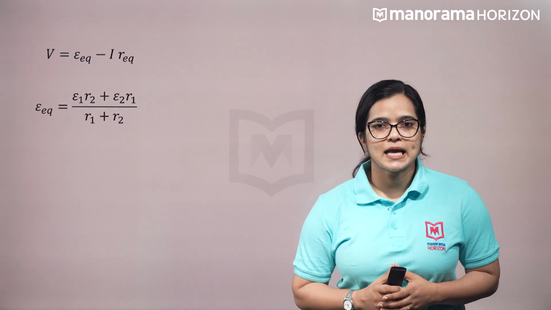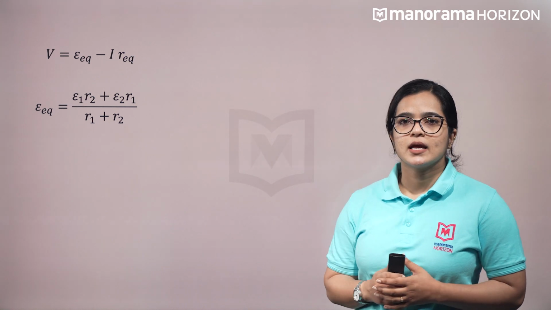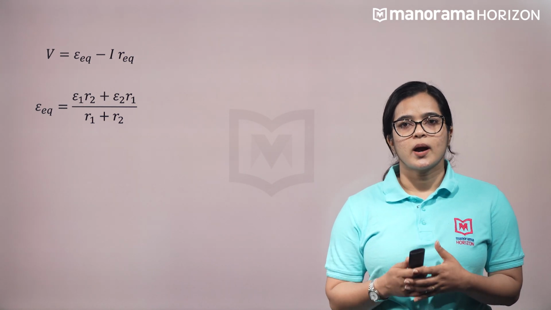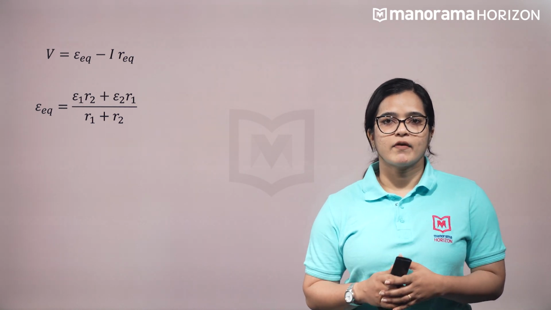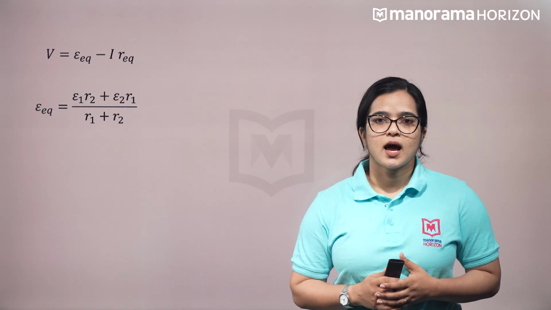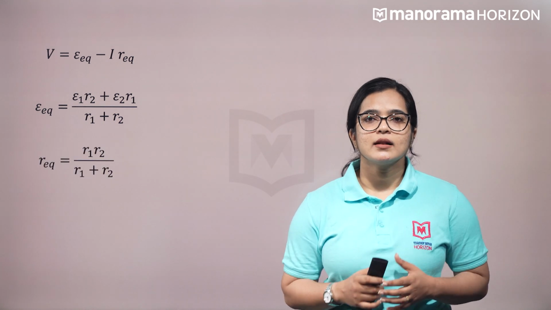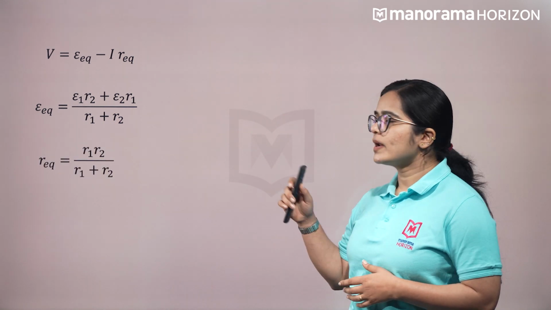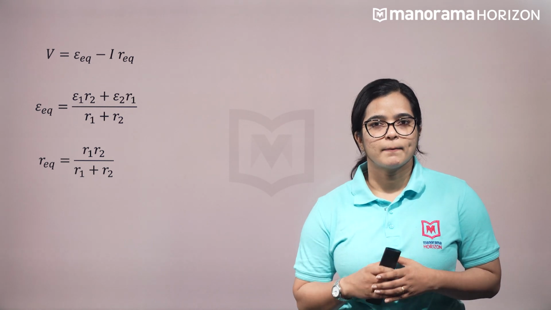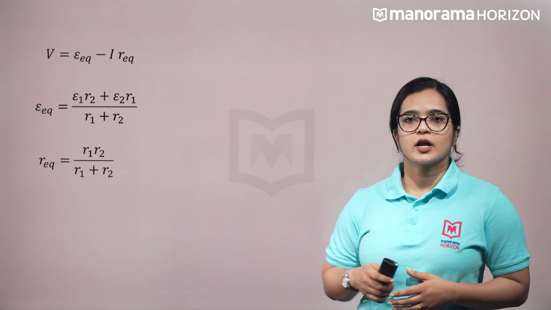with the equivalent EMF as E equivalent equals E1 R2 plus E2 R1 divided by R1 plus R2, and the equivalent internal resistance as R equivalent equals R1 R2 by R1 plus R2.